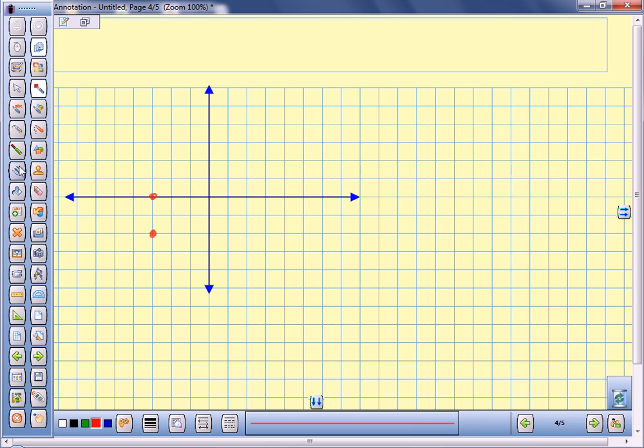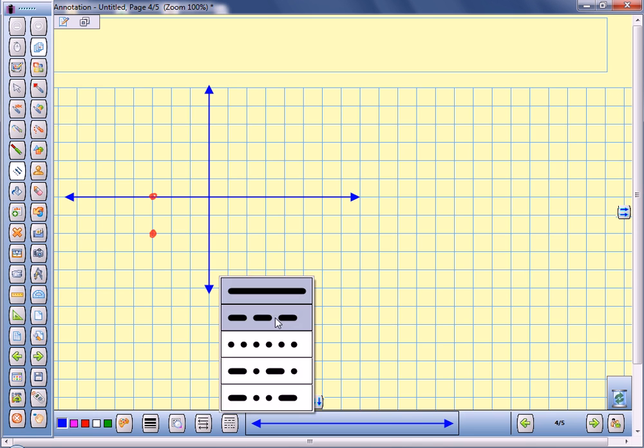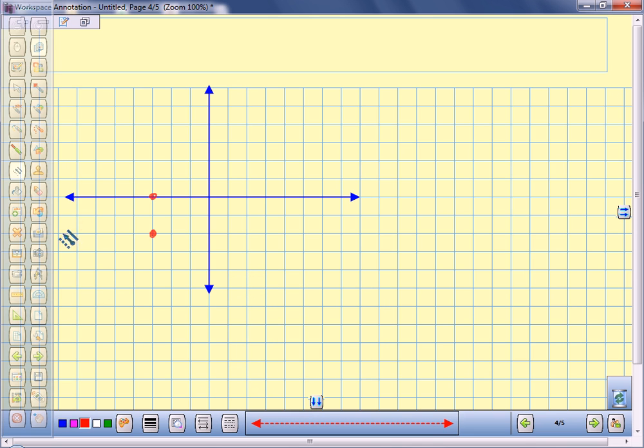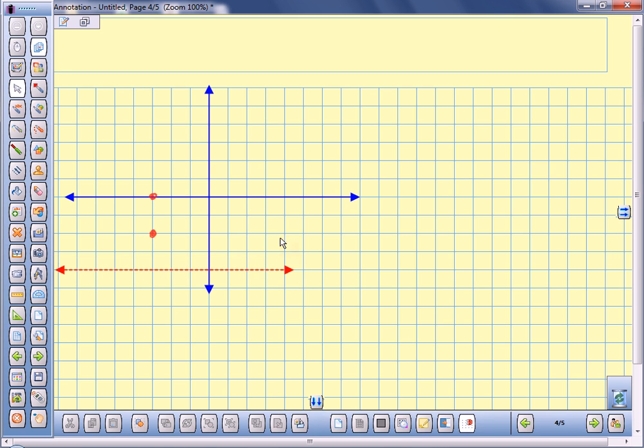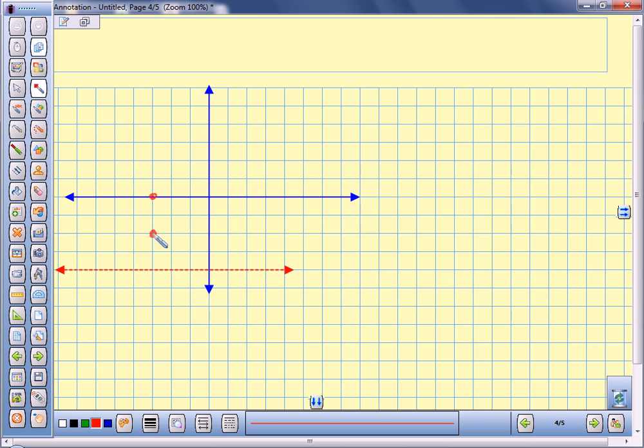Whoops, I just put that in the wrong place. Hold on, I'm moving it. There we go. Okay, so here's our graph.